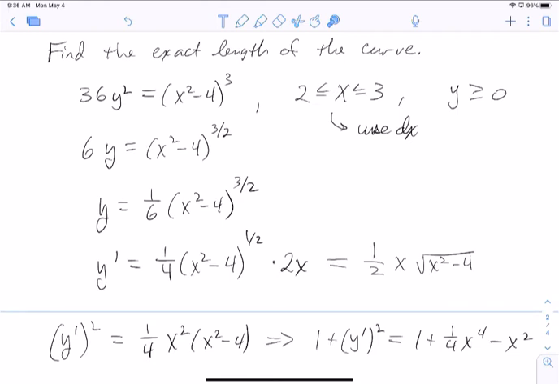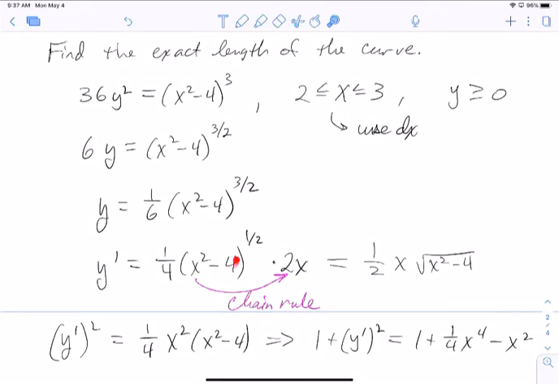The derivative is going to be using the power rule and the chain rule. So we've got 3/2 times 1/6. That'll be 1/4. X squared minus 4 to the 1/2 power. And then here we see the chain rule coming in.